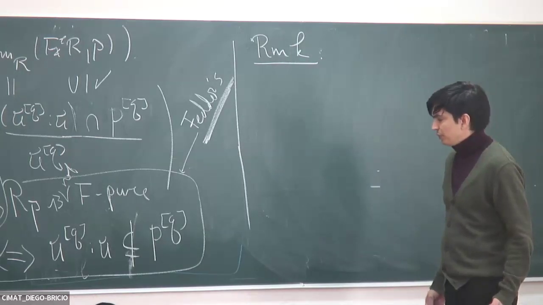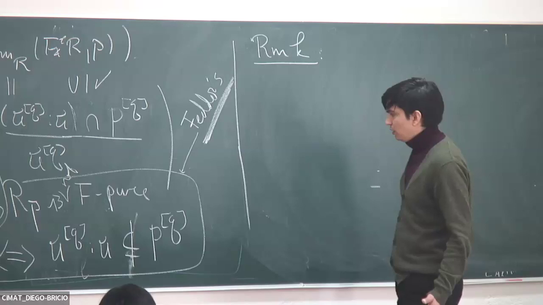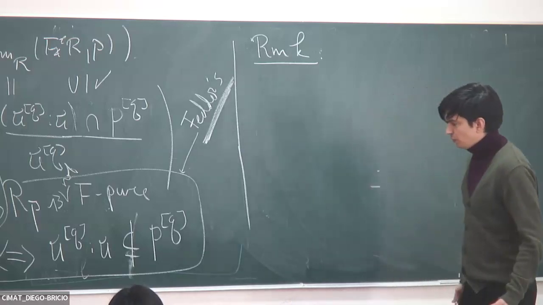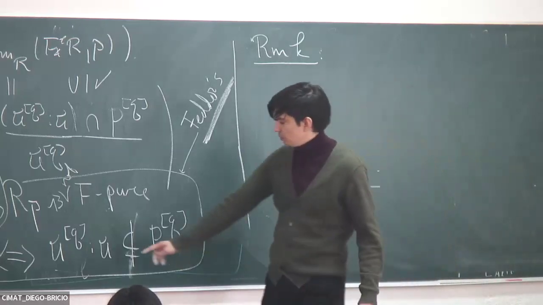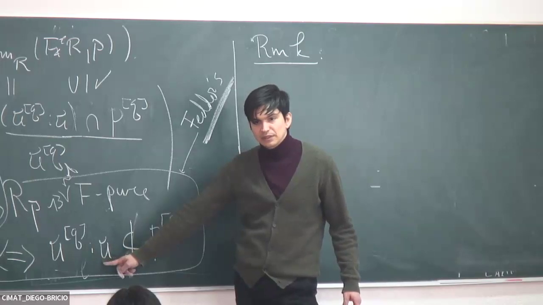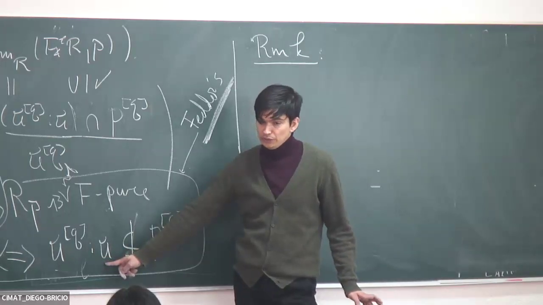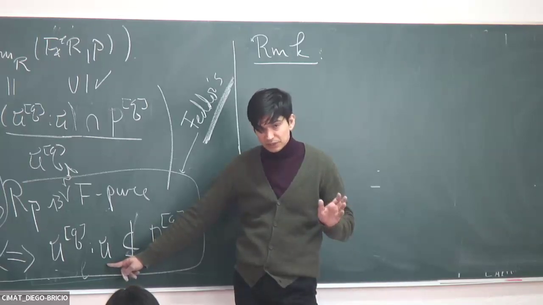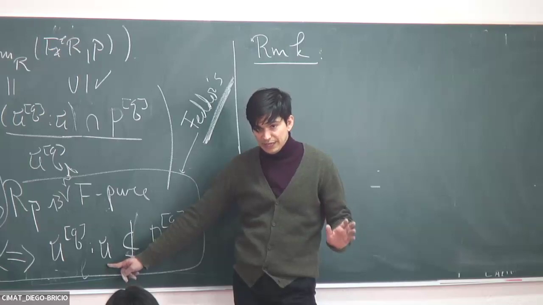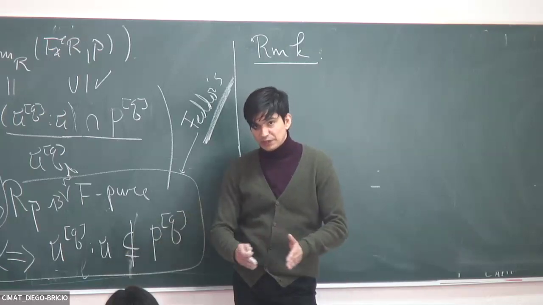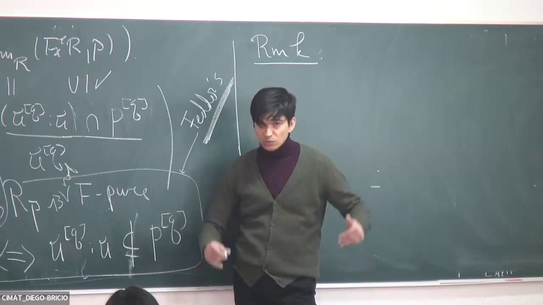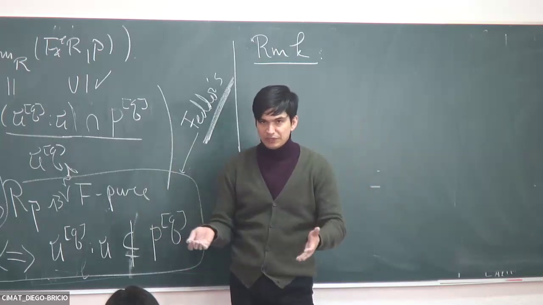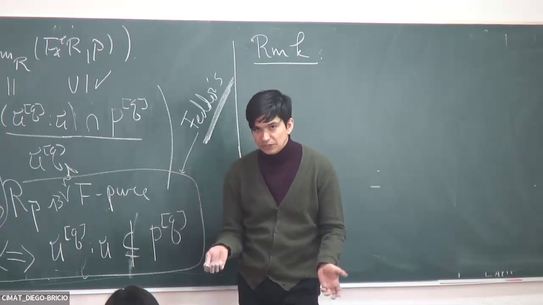So the first point to make here is that Fedder's criterion is wonderful, but it relies on you computing that colon ideal, which is no joke. However, there is a case that happens in practice all the time that is not so bad, which is the case in which A is generated by a regular sequence, or put more geometrically, if R is a complete intersection.